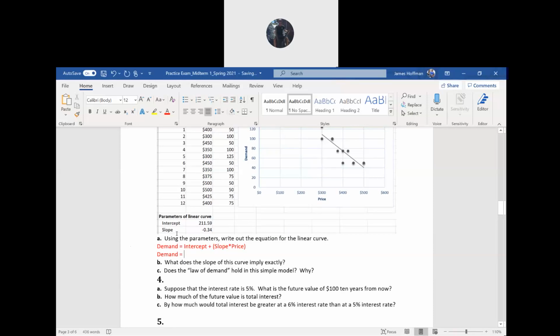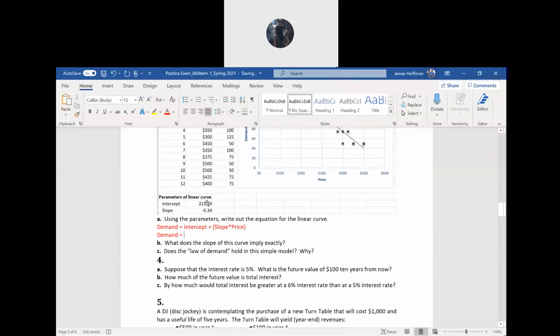All right, so just for your problem, plug in the intercept of 211.59. The slope is negative.